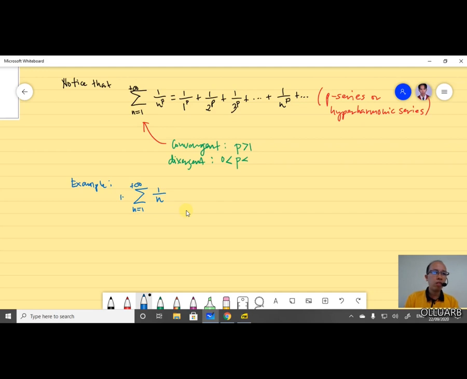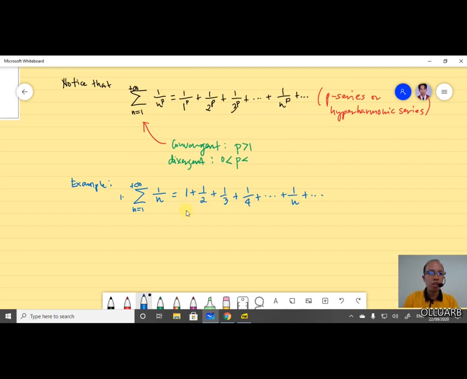You can expand this as 1 plus 1/2 plus 1/3 plus 1/4 up to 1 over n.